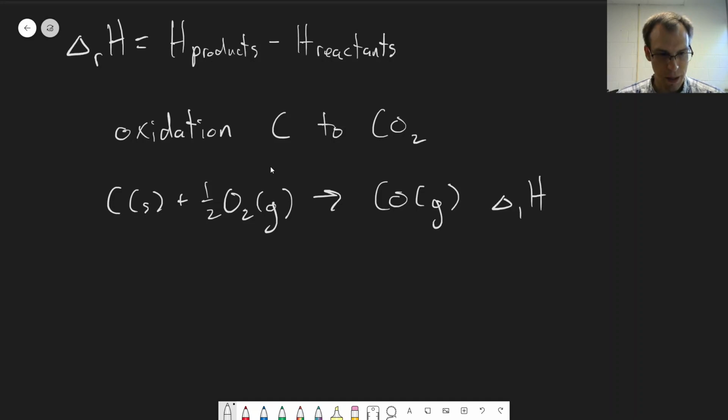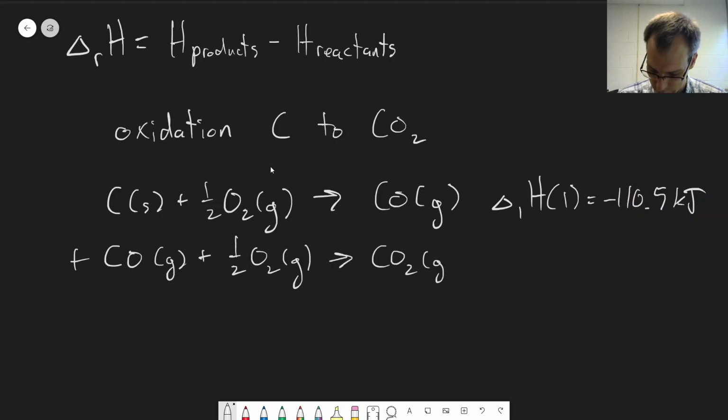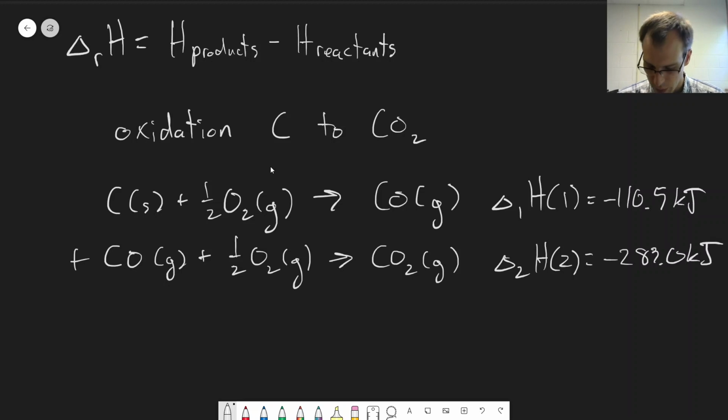The enthalpy of this reaction is minus 110.5 kilojoules. And we could consider then carbon monoxide getting oxidized again to go to CO2. And that has an enthalpy equal to minus 283.0 kilojoules.